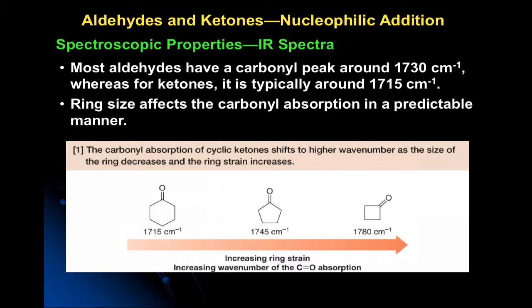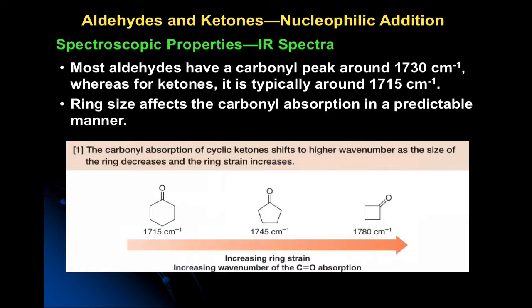He can do this by simply going over to the lab and putting a drop of each one on a different IR and getting a spectrum. Notice what happens to the absorption frequency. If it's a 6-membered ring, you'll see this at around 1715. If it's a 5-membered ring, about 1745. And if it's a 4-membered ring, about 1780.